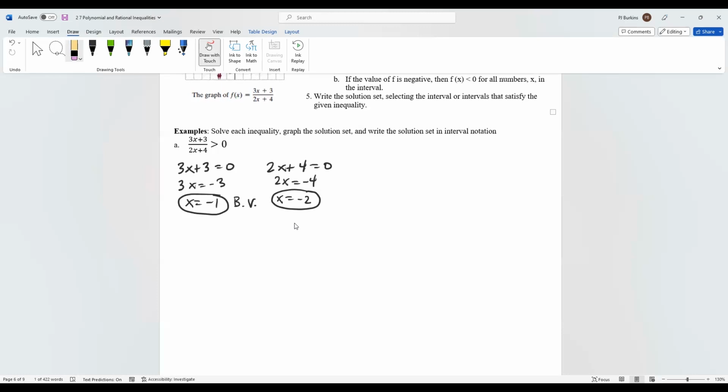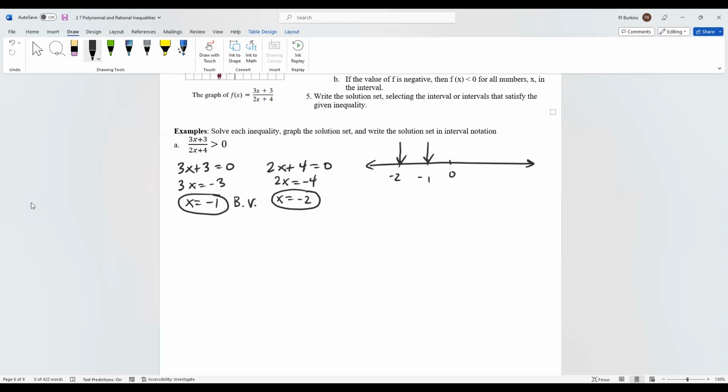Let's write out our number line and break up the number line into intervals dependent upon our boundary values. So we have 0, -1, -2. These are our boundary values.